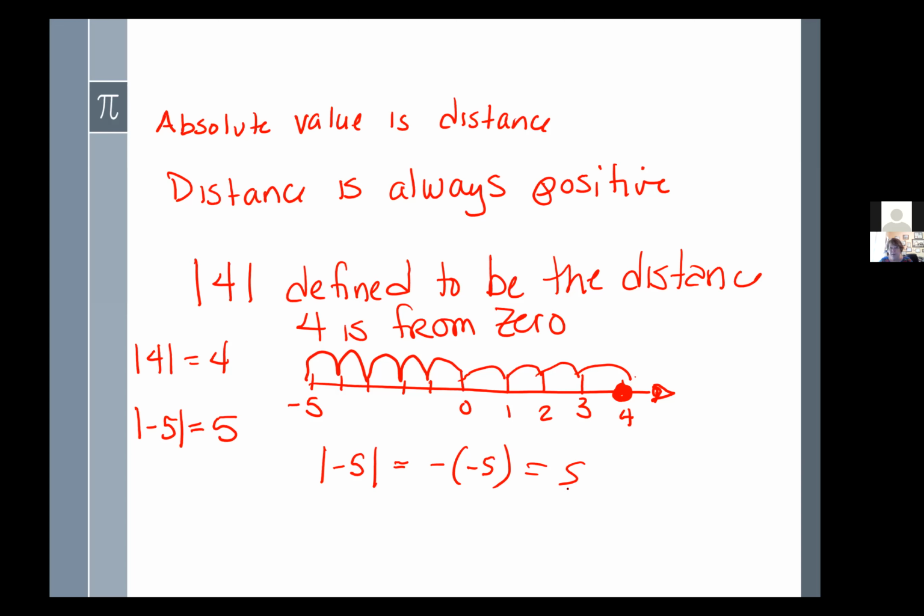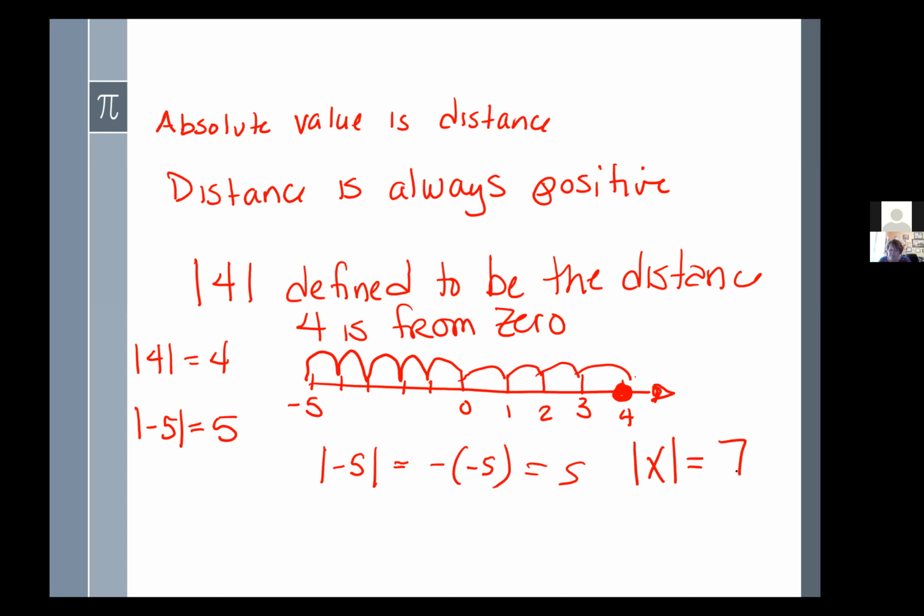Okay, not to belabor the point, but let's use a number we haven't used. Let's say I have the absolute value of an unknown, and the absolute value of that unknown is equal to 7. Well, what two values can I take the absolute value of and get 7? Well, I can take the absolute value of 7 and get 7.